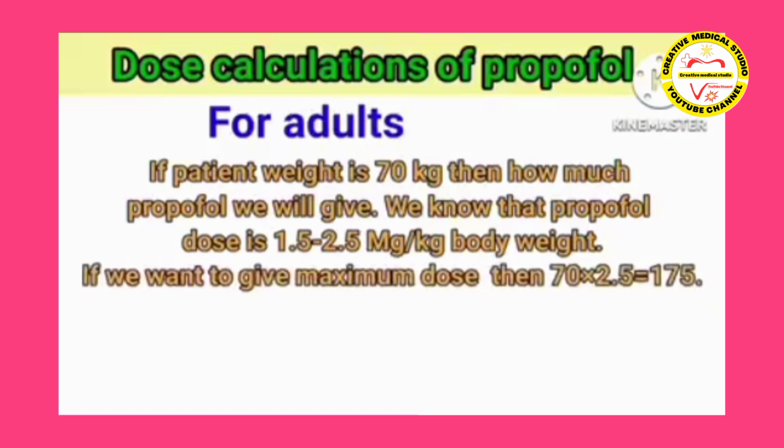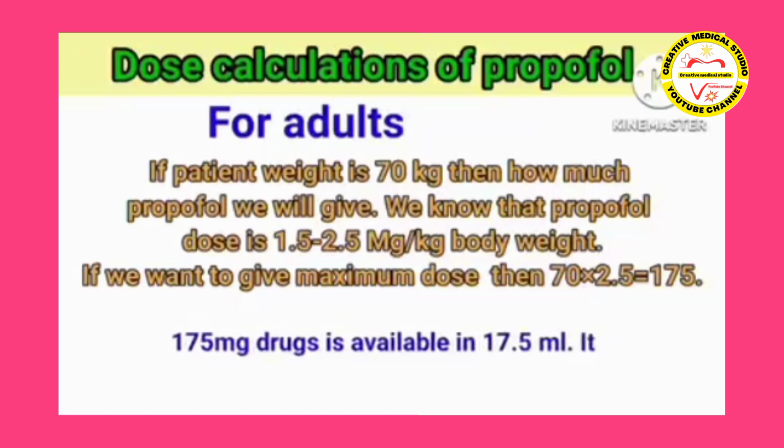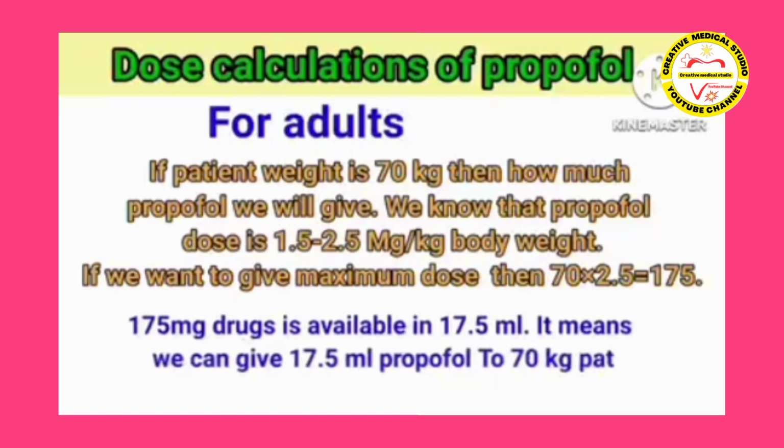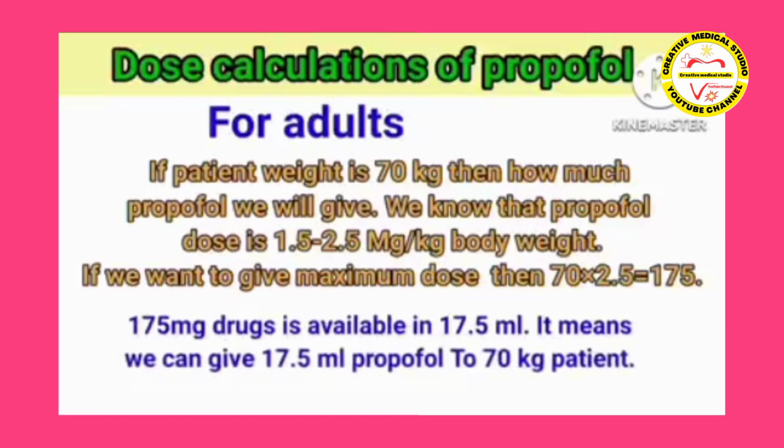If we want to give maximum dose, then 70 multiply 2.5 is equal to 175. 175 mg drug is available in 17.5 ml. It means we can give 17.5 ml Propofol to 70 kg patient.